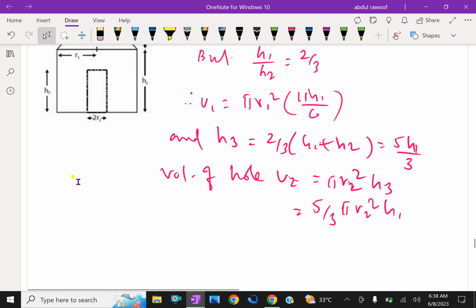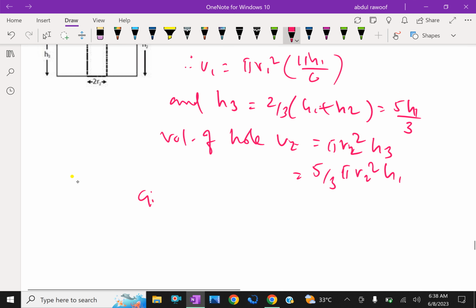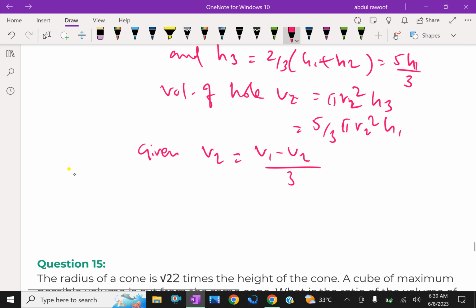But it is given, look at here, V2 equal V1 minus V2 by 3. Therefore, from this relation, we can get V1 equal 4V2.